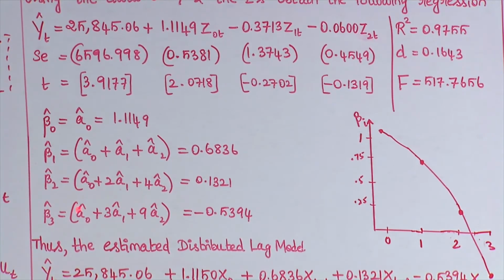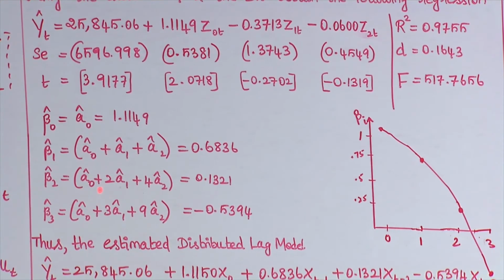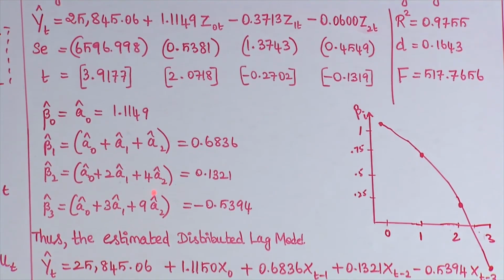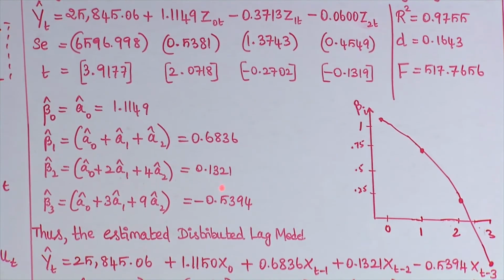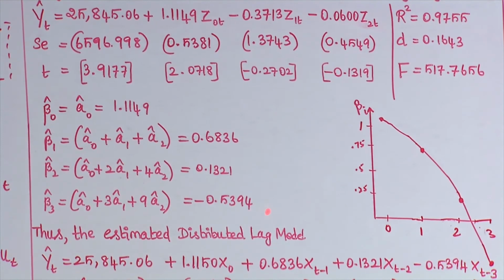This is the weighted sum, A0 plus 2 times A1 plus 4 times A2, right? You get beta 2, the value 0.1321. Beta 3 is obtained by another weighted sum, A0 plus 3A1 plus 9A2, and this addition gives minus 0.5394. So from the coefficients of the auxiliary equation, you find the coefficients of the main equation.